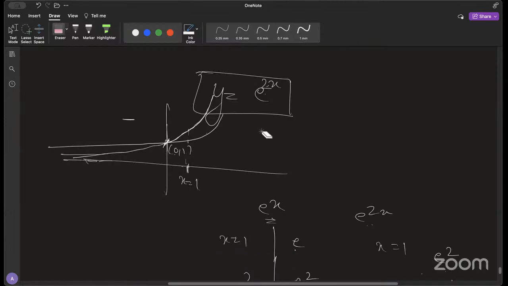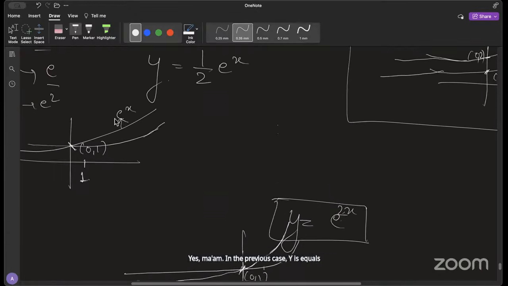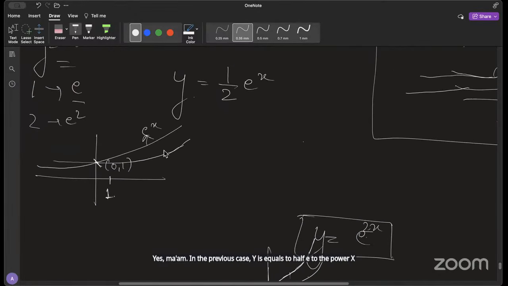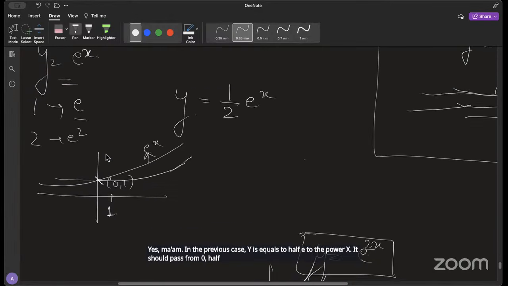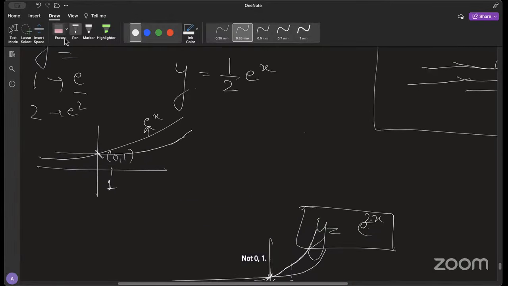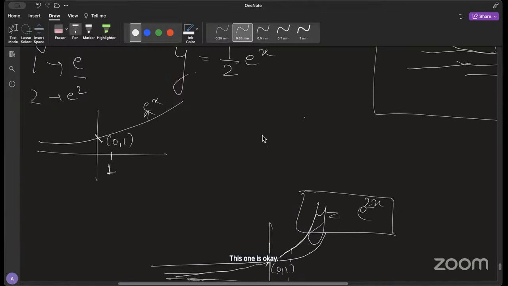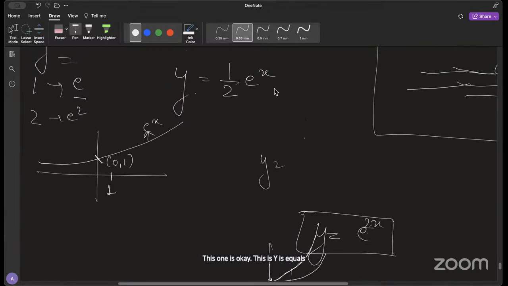Yes, ma'am. In the previous case, y is equals to half e to the power x. It should pass from 0, half, not 0, 1. Yeah, okay. That's also true. Just 1 second. If I put x equals to 0, I'll have half, right?